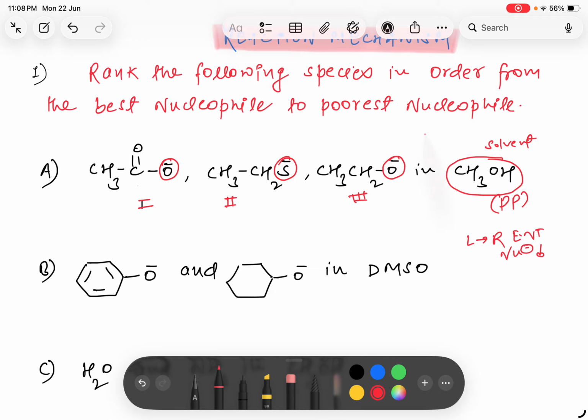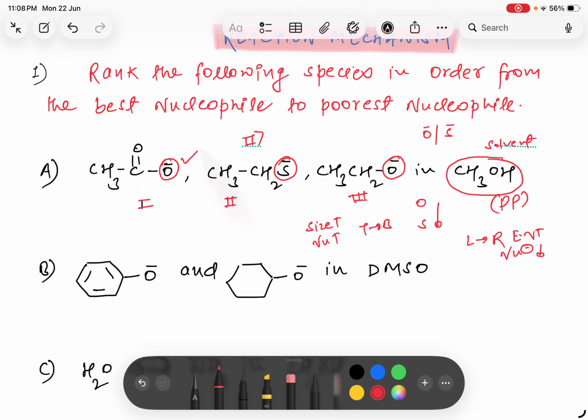Here we have two kinds of donor, one is oxygen, one is sulfur. Oxygen and sulfur belong to the same group, and if you move down the group, top to bottom, size increases, nucleophilicity also increases. So second would be the stronger nucleophile because of the size.